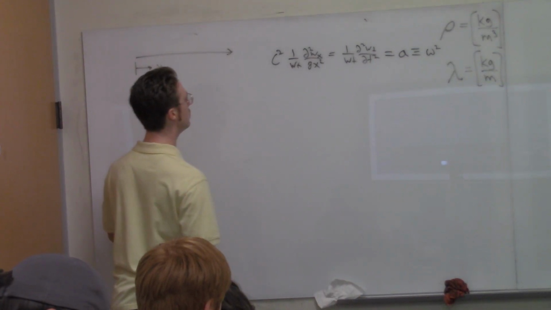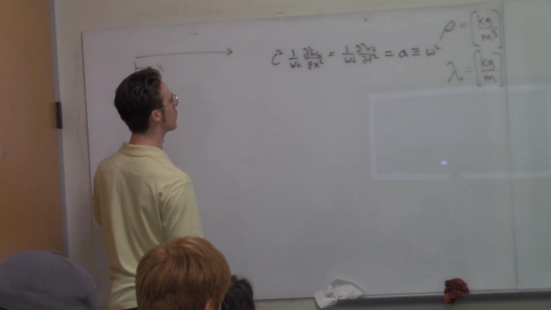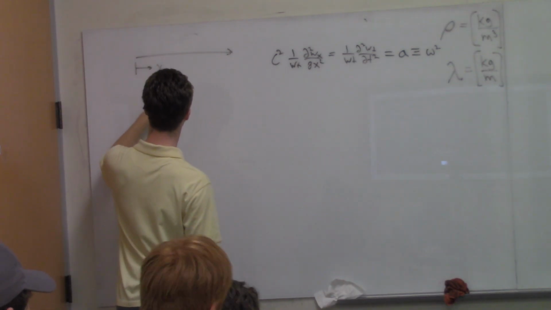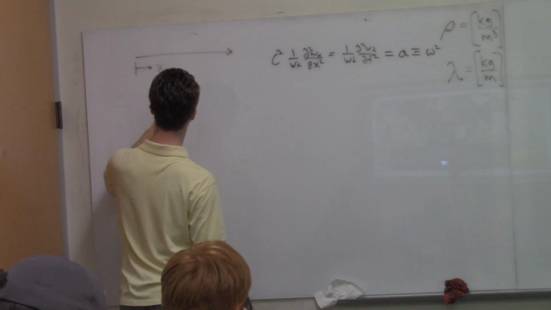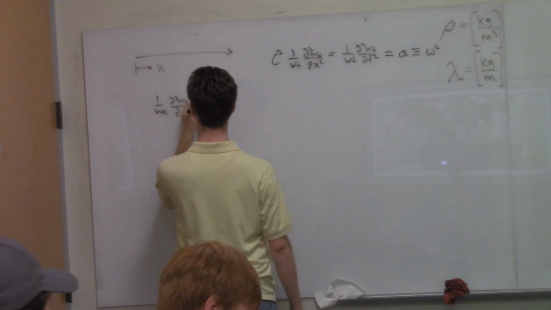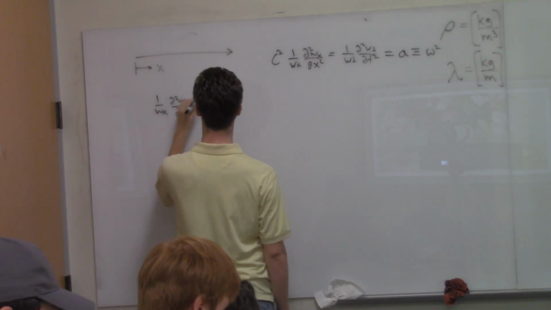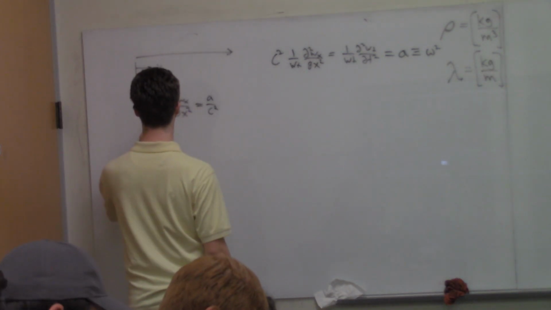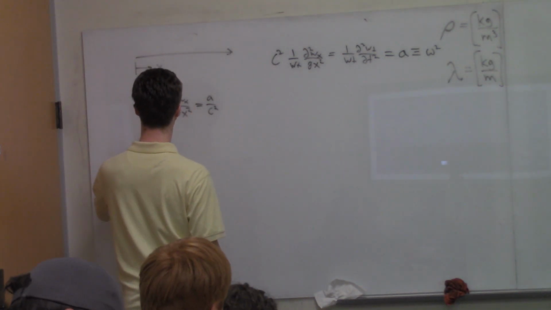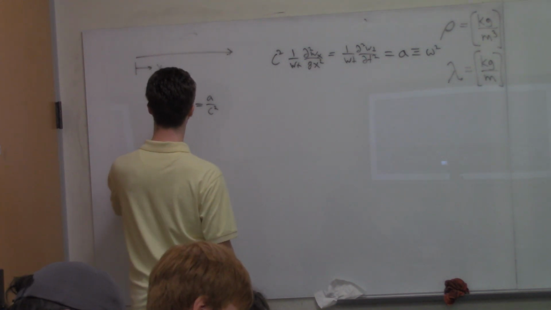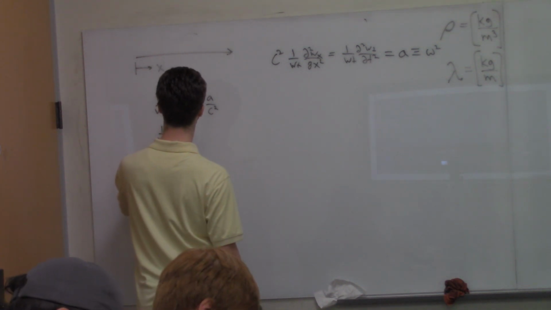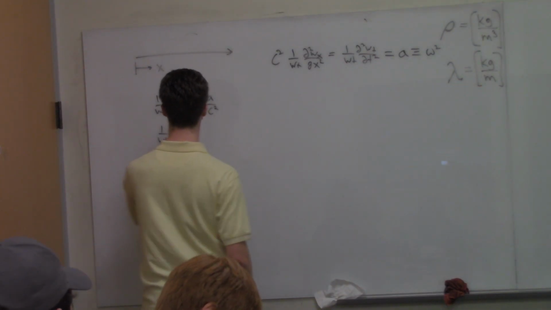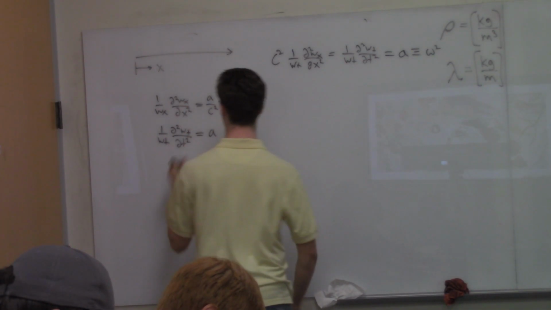Now what we'll have is 1 over Wx, second derivative of Wx with respect to x equals A over c squared, and we're going to have 1 over Wt, second derivative of Wt with respect to t squared is equal to A.